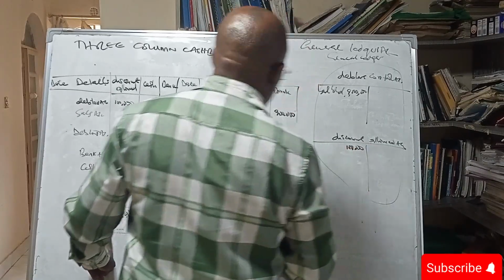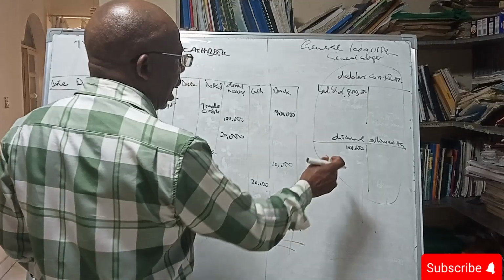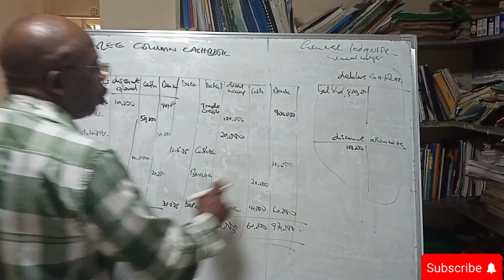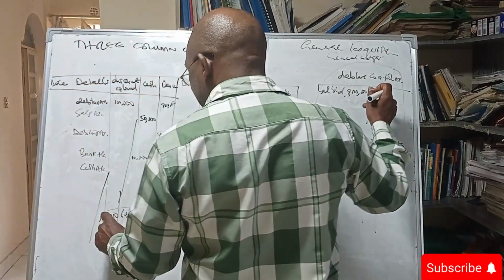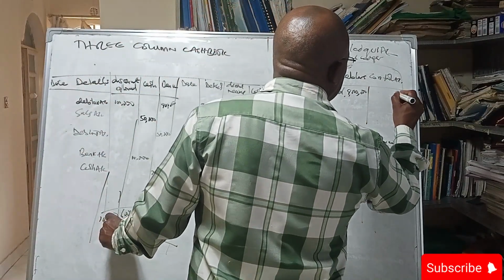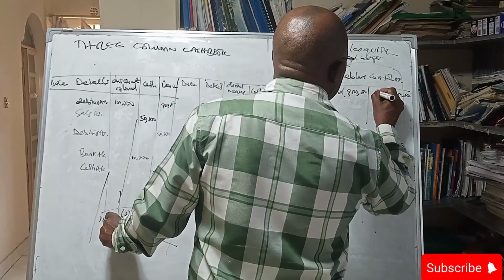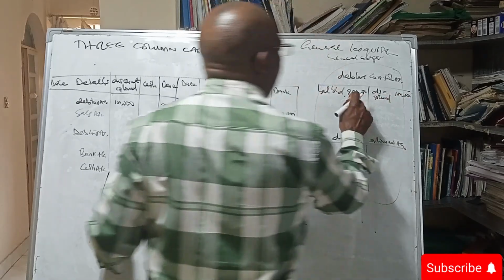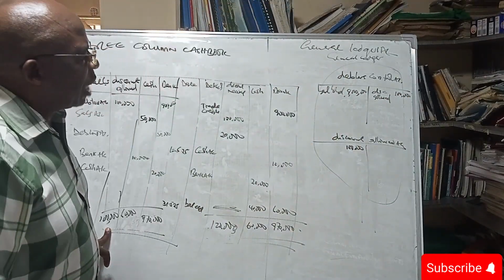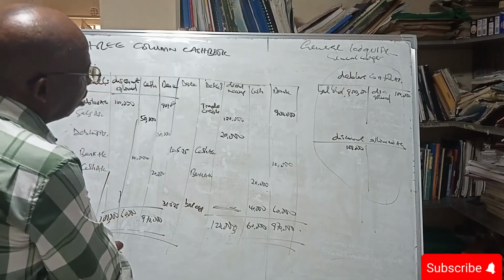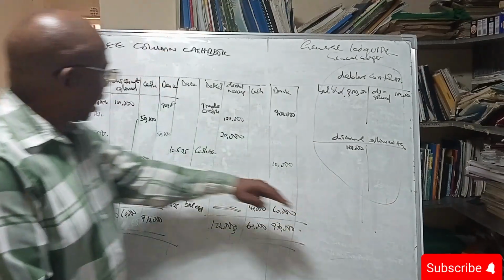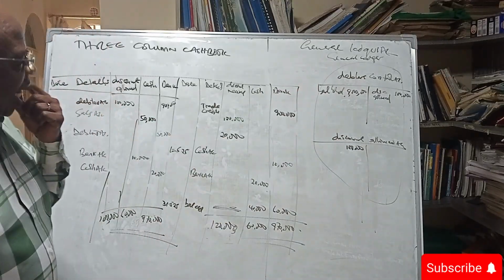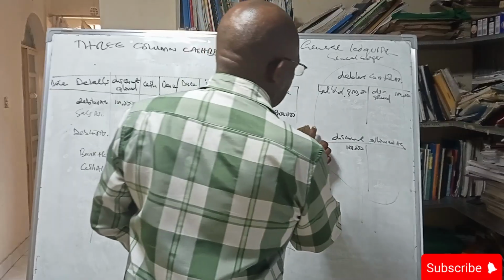We will have debited discount allowed and credited the debtors control account with 100,000 from discount allowed. We are reducing our debtors with 100,000. It's like this account is being taken to the general ledger, and that's how even the cash account becomes part of the general ledger.